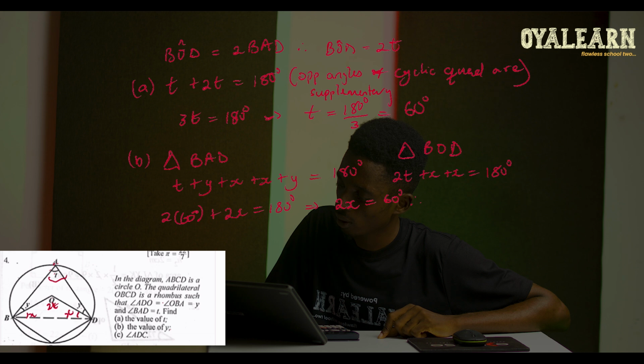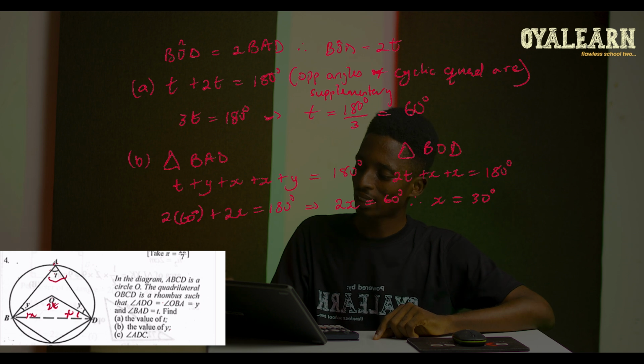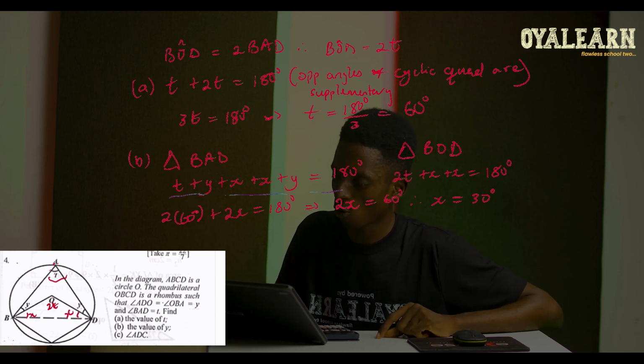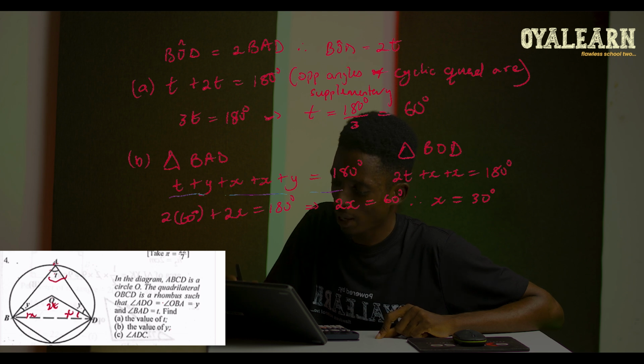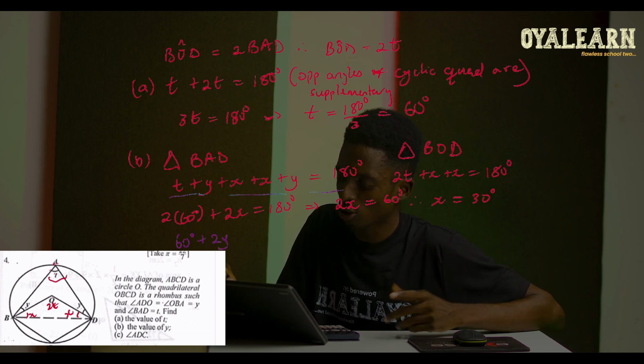Therefore, x is 30 degrees. Now that we have the size of x, we can come back to this equation to solve for y. Using that, we have t already. T is 60 degrees plus 2y, and x plus x is 2x.